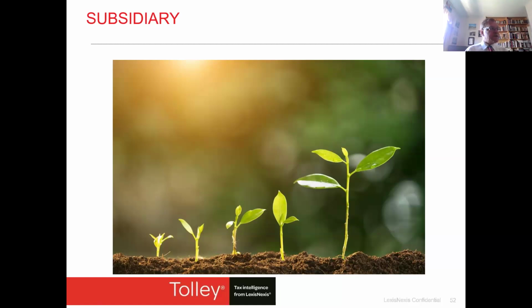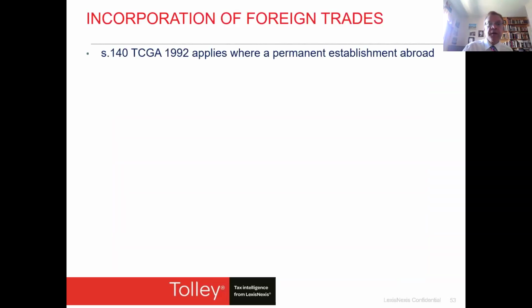And therefore there are different tax consequences in terms of their independence. But also what you're looking at there is that each sapling is independent, and what you may end up doing is incorporating a branch and turning it into a subsidiary.